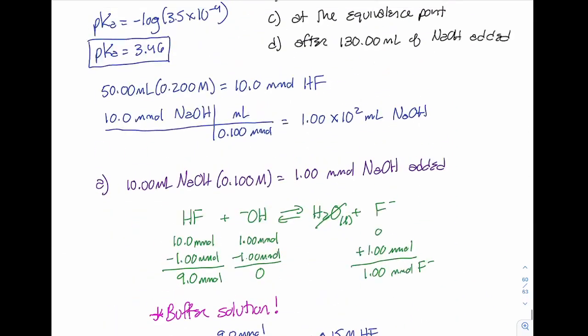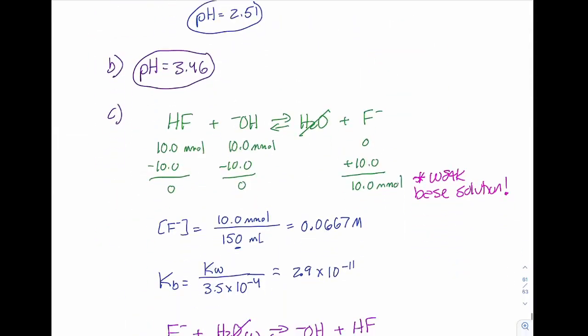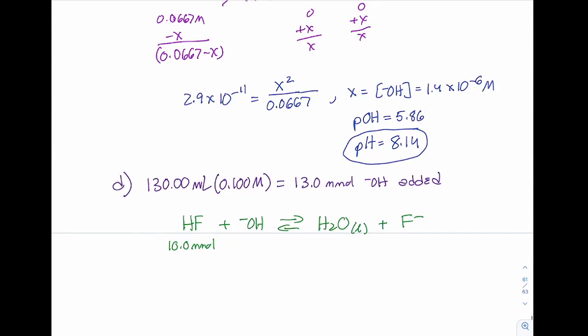Going way, way back up, 10 millimoles. I've added 13 millimoles of base, right? That's the number we just calculated. Subtract the smaller of the two numbers, which is 10. Add it to the other side.